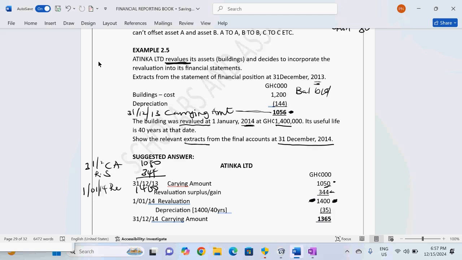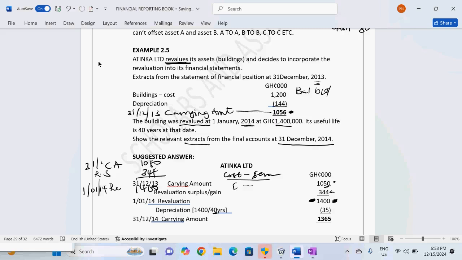So you find the depreciation. What is the formula for depreciation? Cost less scrap value all over the estimated useful life. Here there is no scrap value, so it will be cost over the useful life, 1,400 divided by 40 years, giving us 35.